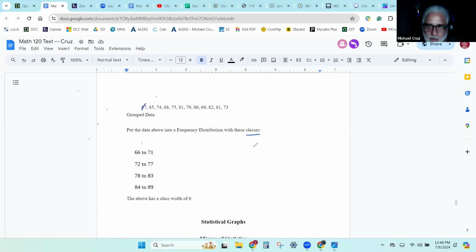So 67 would go in that one. 85 down there. 74 in there. 88 goes in there. 75 in there. 81 right in there. 79 in there too. 80 goes in there as well. 69. 82 in here. And 81. And 73 in there.